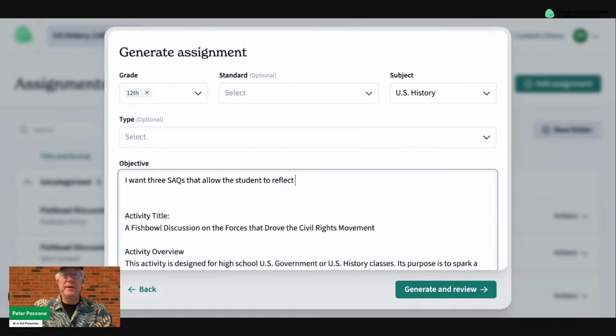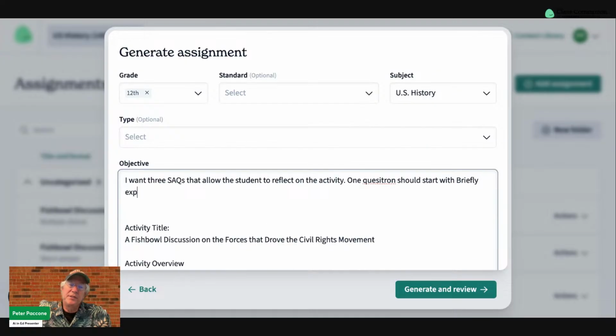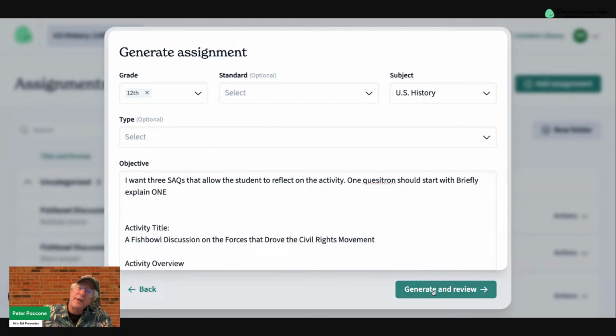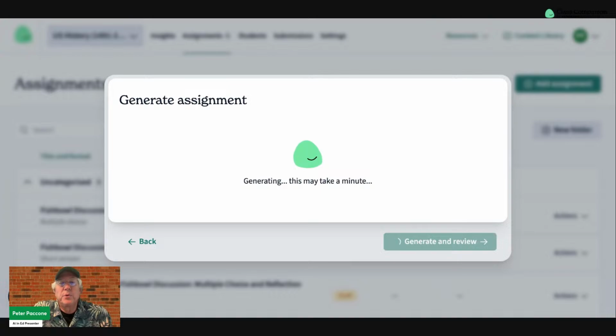I'm just going to create my own here. One question should start with briefly explain one. Let's just try that, see what happens. Or we could just plug in word for word the prompt that I had.